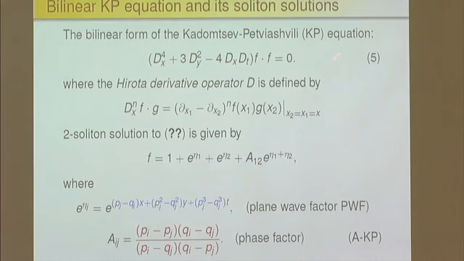And then this equation has this kind of solutions. This is a characteristic property of the KP equation. We have these solutions. This is the plane wave factor, and this is a two-soliton form, but it can be extended to n solitons. And this is a phase factor, and this is a plane wave factor. These characterize the solution.